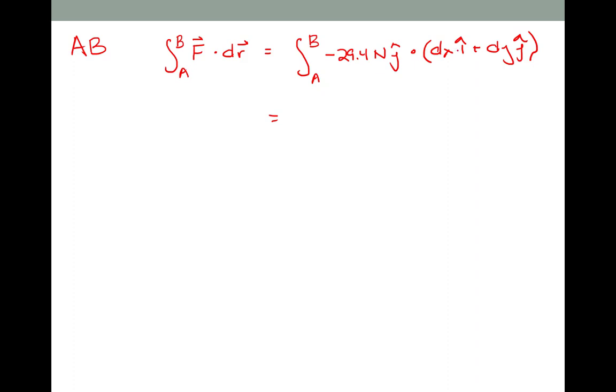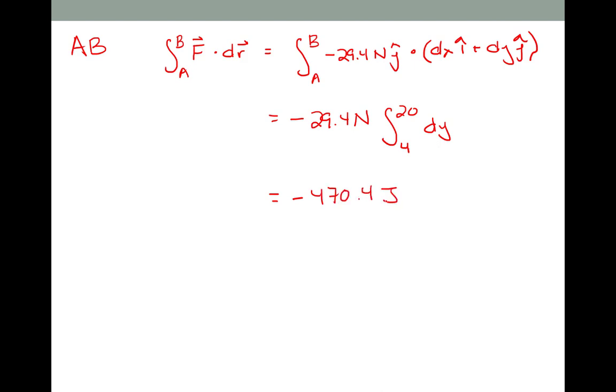Again, i dot j goes to 0, or j dot i goes to 0 in this case, leaving me with the integral of negative 29.4 newtons times the integral from 4 to 20 dy, which is again the same integral I've already done, and so this will equal negative 470.4 joules.